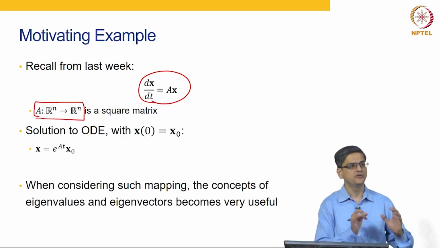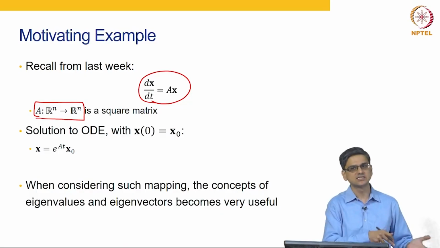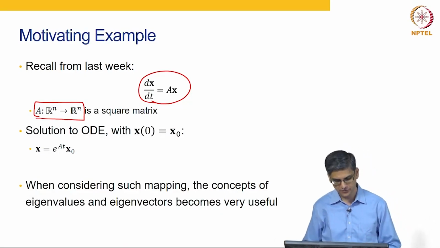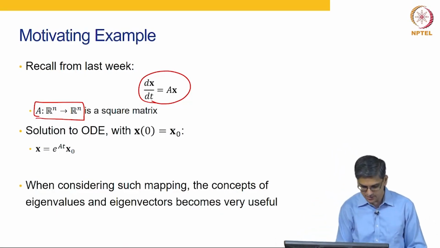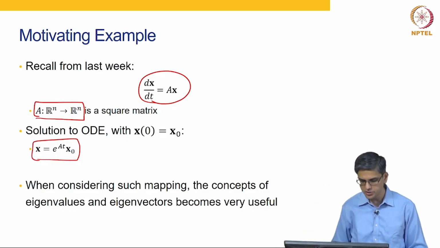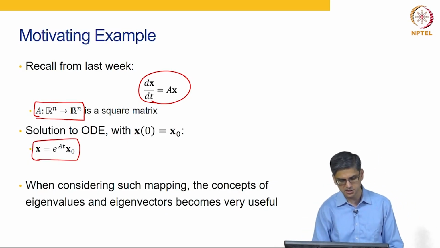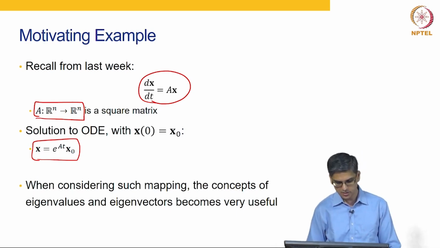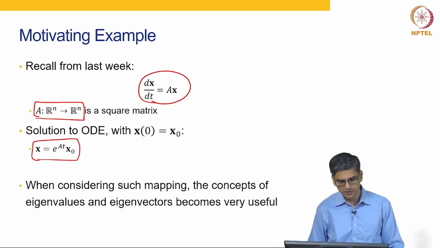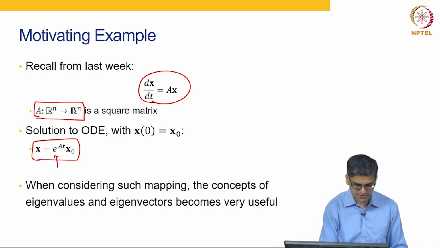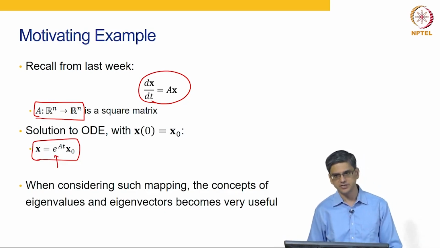Because A maps x onto itself, and we said that the solution to this ODE with this initial condition was going to be something like this. One of the places where eigenvalues and eigenvectors are going to be important is to talk about stability of this system, and also to compute e to the power At.